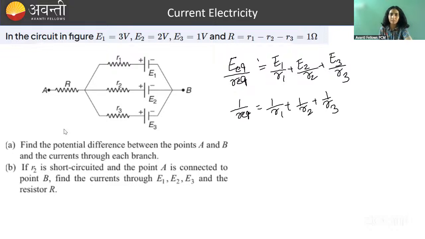You must have written some equations and things. So now let's do it and come to the final answer.